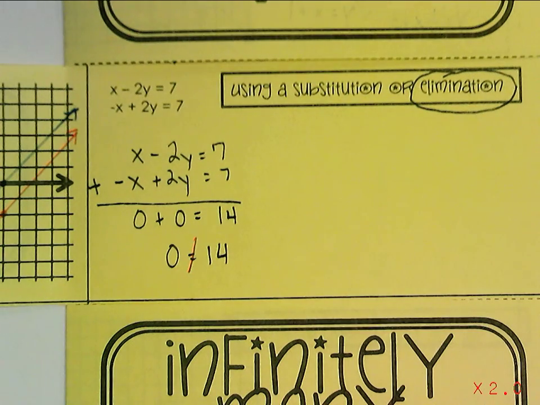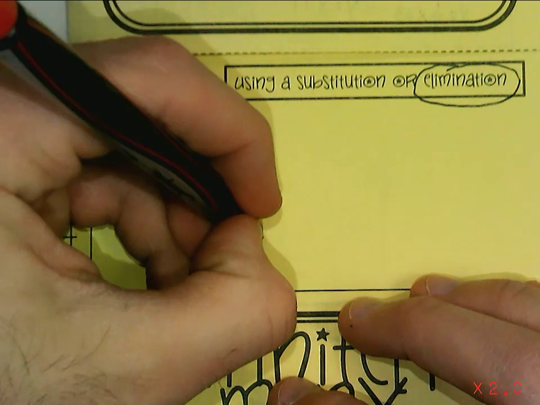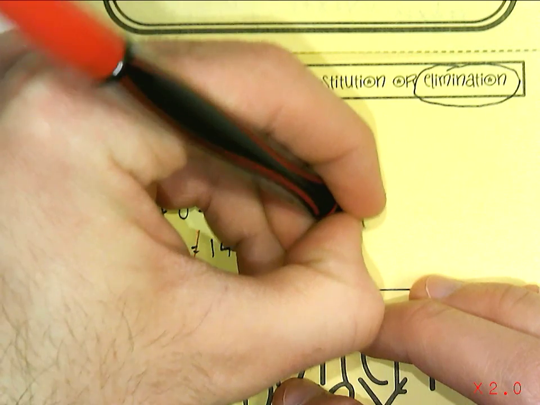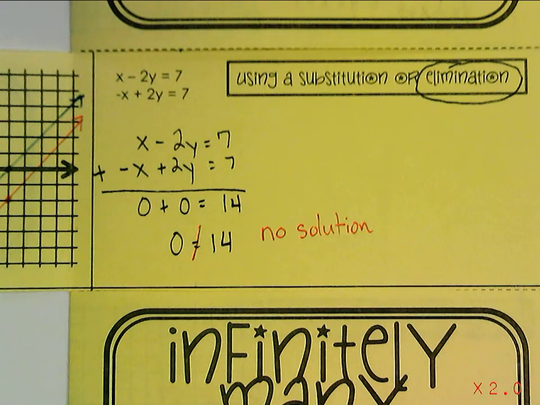So if you're ever solving a system of equations and you get one number equal to another number, such as 0 equals 14, then we know that there is no solution. This one cannot be solved. Or I shouldn't say it can't be solved. It can be solved. These lines just don't intersect because they're two different lines with different y-intercepts.